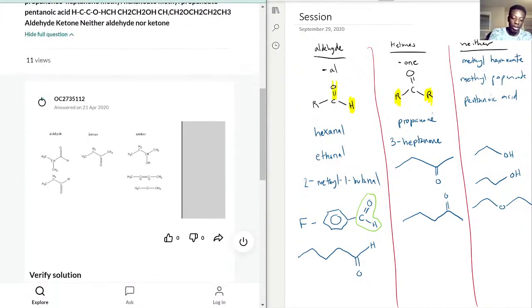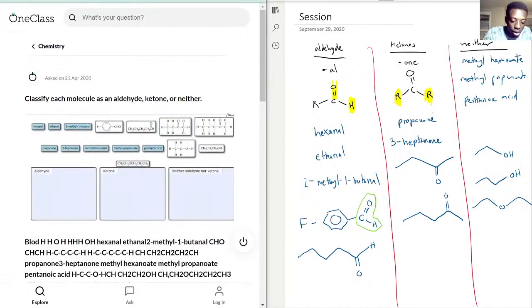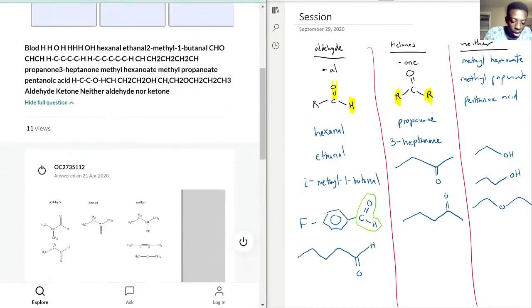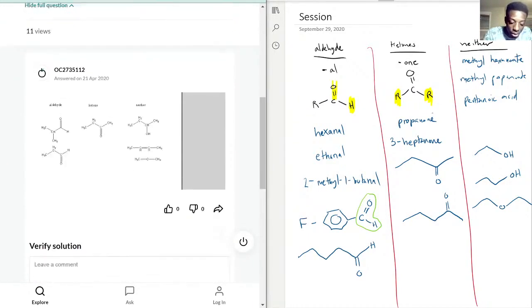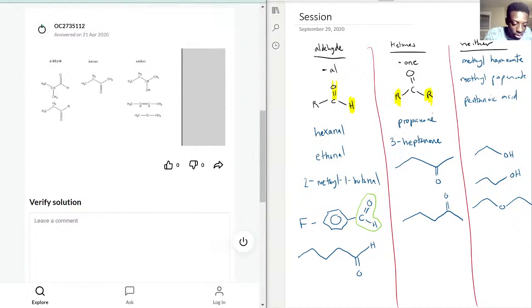So let's see how it was done. So with that, they seem to have tackled, interesting, only some of them, they didn't put all of them, that's for sure. But it looks like they're on the right track. They did show that the aldehydes are those that have the functional group on one side and hydrogen on the other.